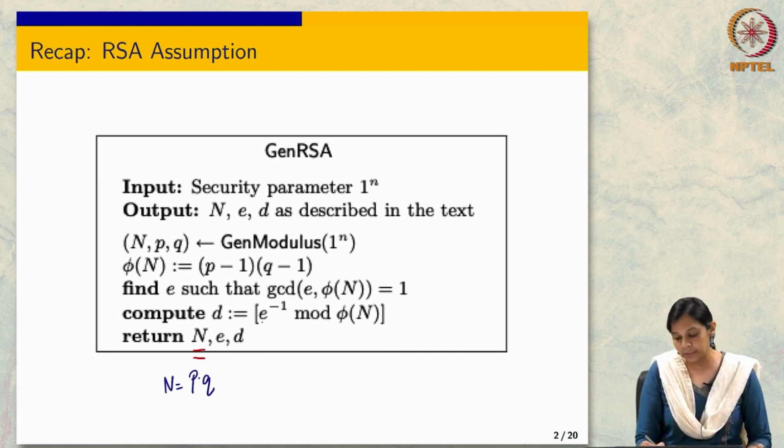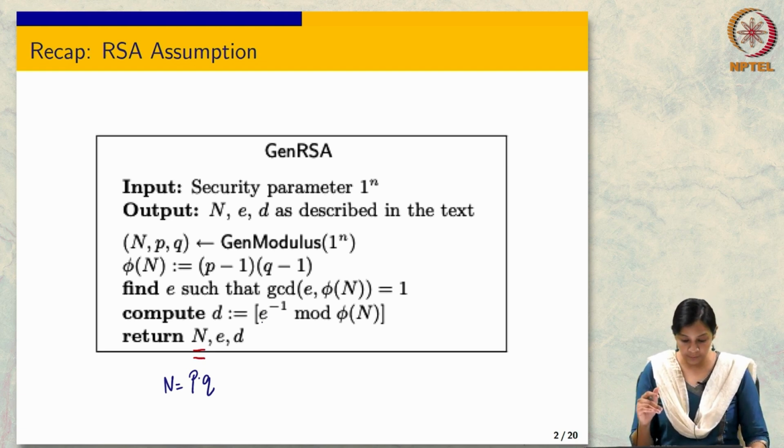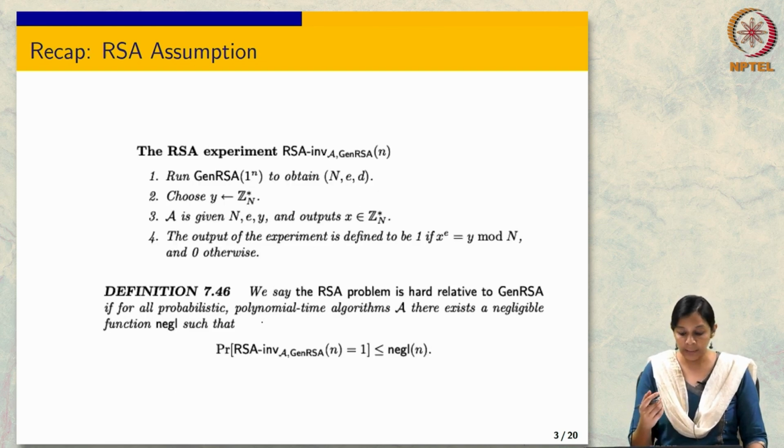In particular, E and D are inverses of each other mod phi of N. We already saw this in great detail, and this is just the way to generate the modulus, the public key and the private key.